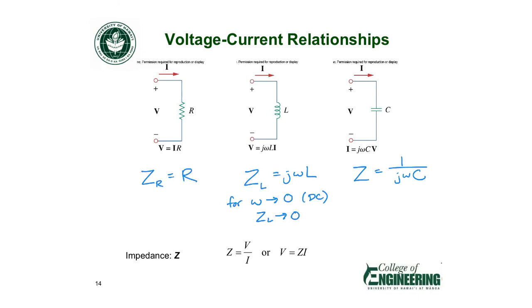But since we know this definition of impedance now, we can look at the opposite case too. So what happens as we go to really, really high frequencies? What happens to the impedance of the inductor?